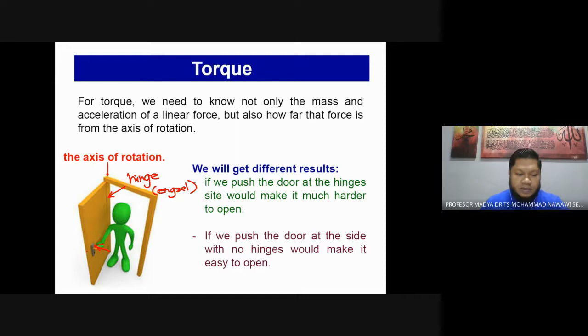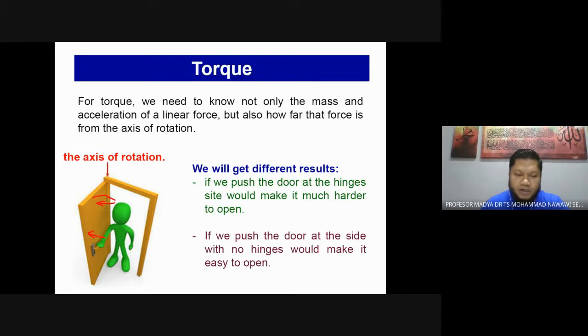Also, on the next slide, we will get different results. If we push the door at the hinge side, it will be much harder to open. So what it says here is that we will get a different result if you push close to the axle, compared to pushing the door from there.